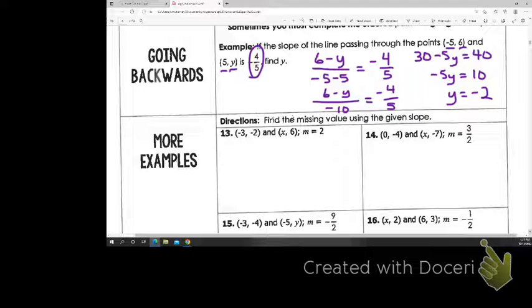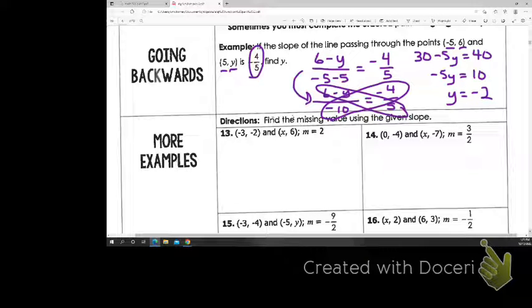First thing I did, I don't distribute with the negative 5. I mean, you can, but that's just way too much. Just go ahead and do negative 5 minus 5. Simplify that to get negative 10. Then I used my algebraic proportions. Crisscross.